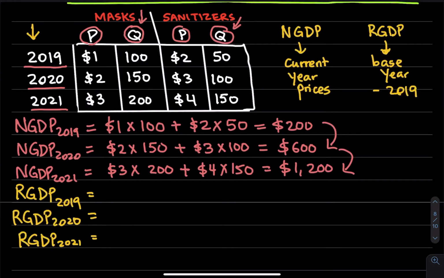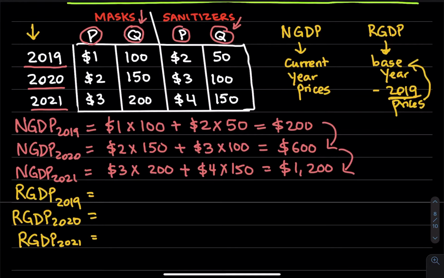And so remember that we are using prices from the base year, and the base year is 2019. So what I like to do is literally copy and paste the prices of masks and sanitizers, or whatever good you would be given in your question, across the different years.